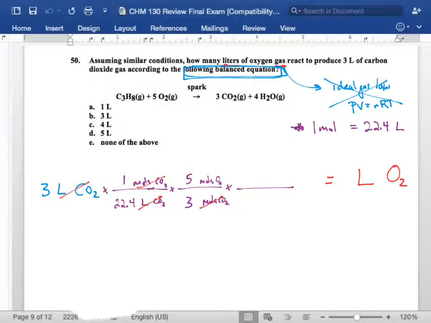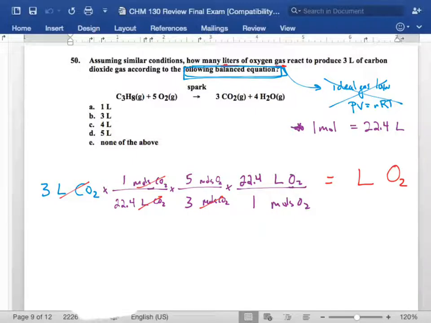Now what? I want moles of O2 converted into liters of O2. Where do I find that conversion factor? That's the one that we defined at the beginning. 1 mole of O2 is 22.4 liters of O2.